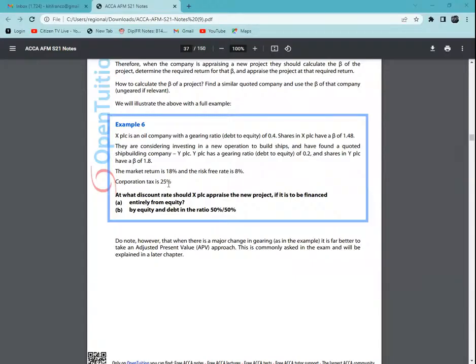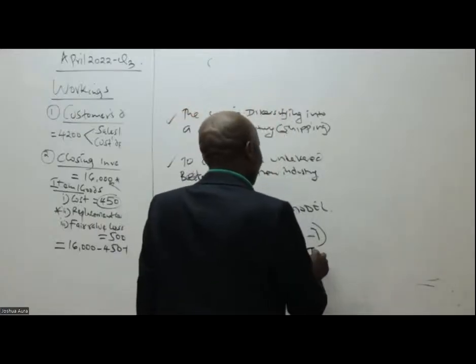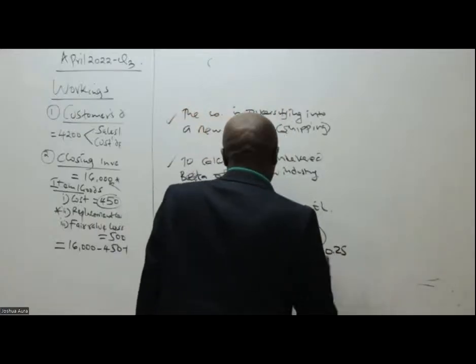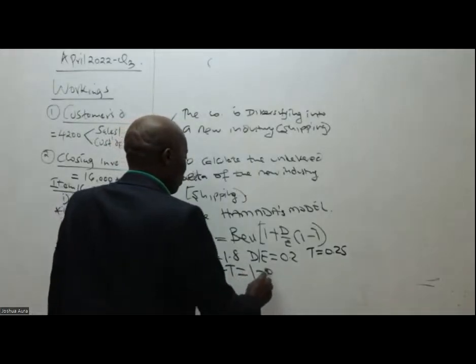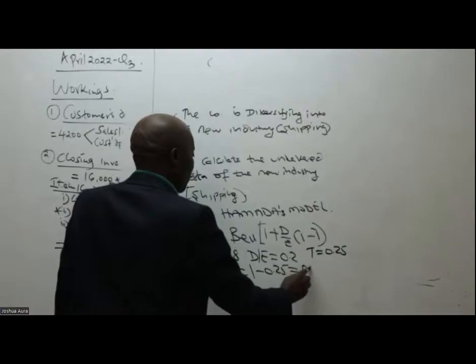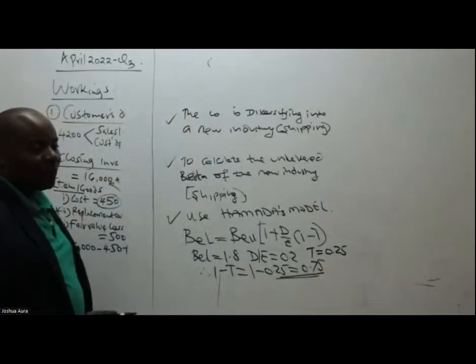And then the other thing they have done so nicely is to give me the risk-free. Somebody is not risk-free, but the tax is 0.25. So tax is 0.25, and therefore 1 minus tax will be 1 minus 0.25, which will be 0.75.